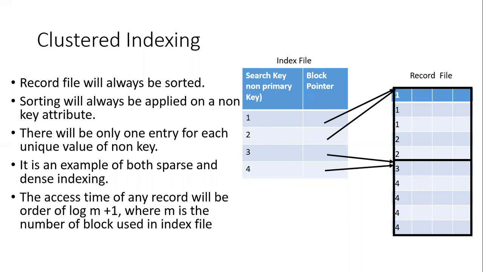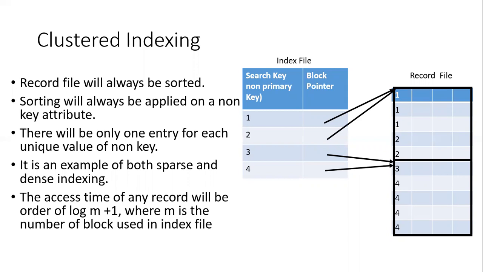As you can see here, the index entry having the search key value 1 is referring to the first record of the first block, because the record having the non-key attribute value 1 is present in the first block.